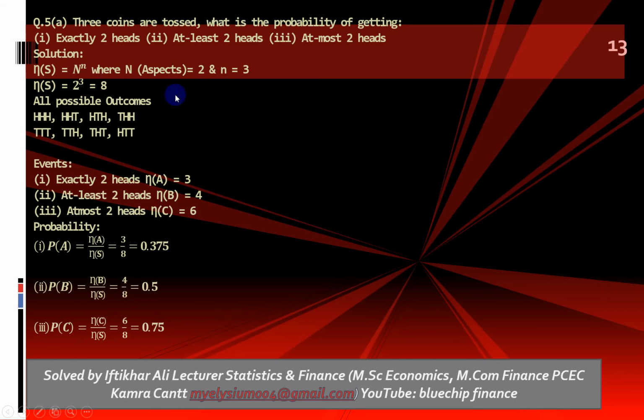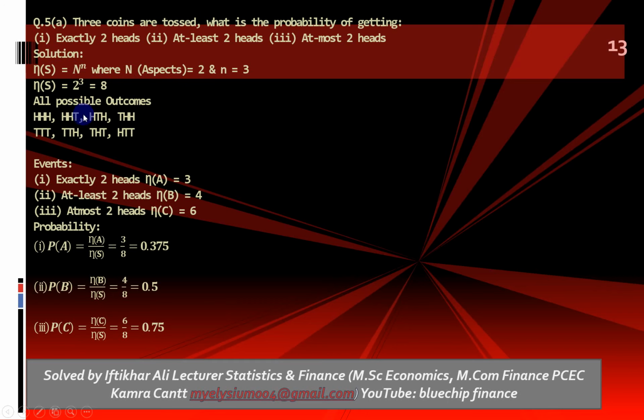And all possible outcomes, what are these? First of all, write down 3 times head. After that, place tail at the end, and after that just drag it to the left.